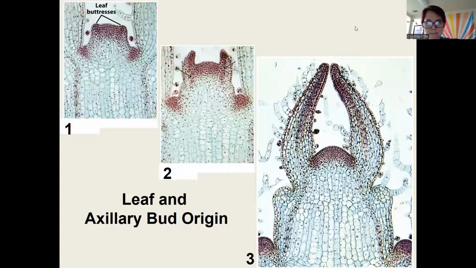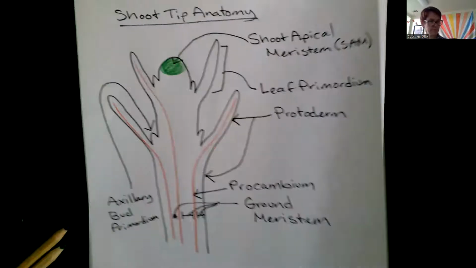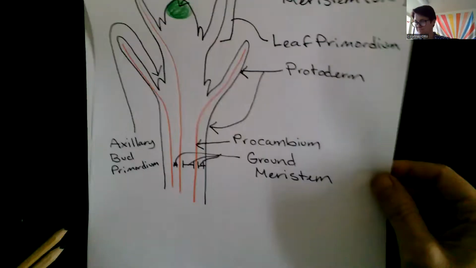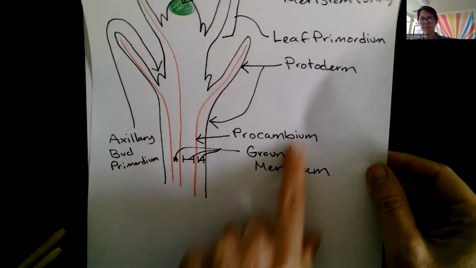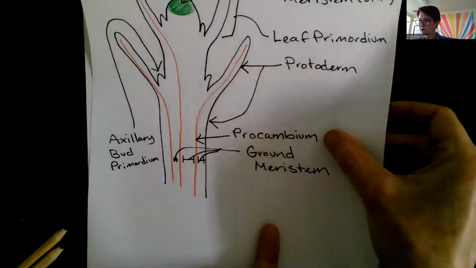Well, the last thing I'd like to do before we're done with this for today is imagine a section of stem that's down further, where all of our primary meristems, our protoderm, procambium, and ground meristem, have turned into primary tissues.